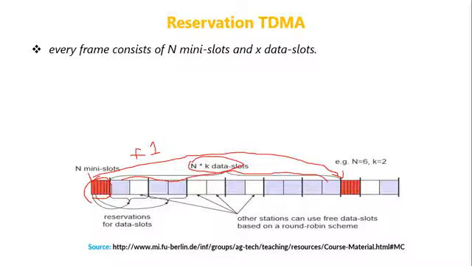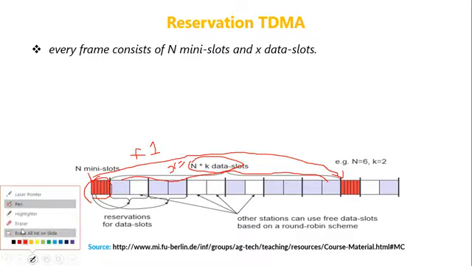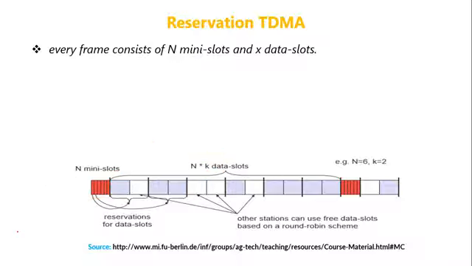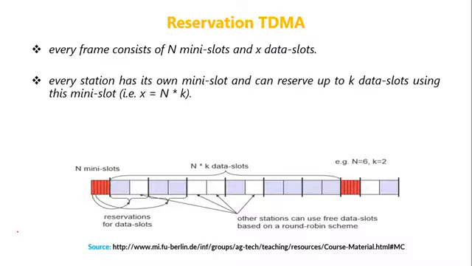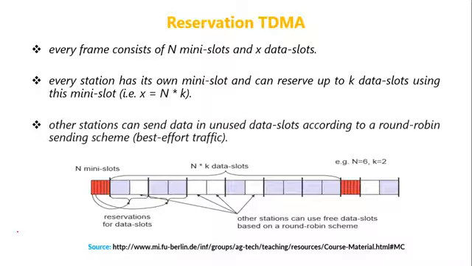How many data slots are there? X data slots. This x is given as n into k. Basically every frame here contains n mini slots and x data slots, where x equals n into k.